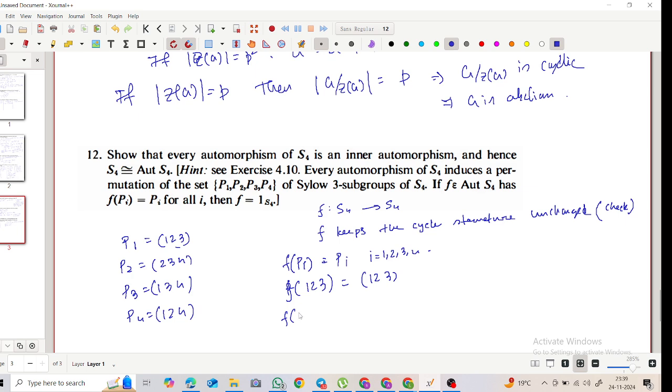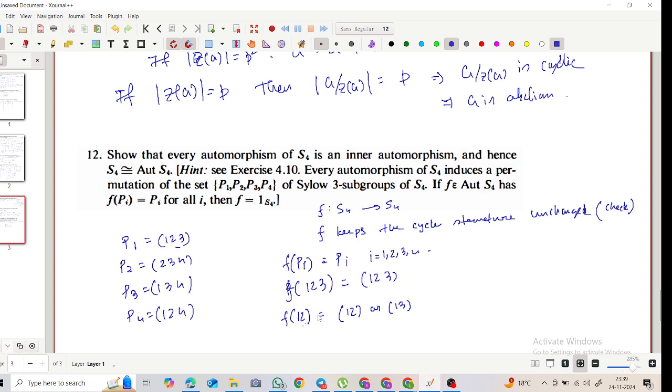So what is f of (1 2)? Anyone? What is f of (1 2)? It is (1 2) or (1 3). Do you understand why? f of (1 2 3) is (1 2 3), right?